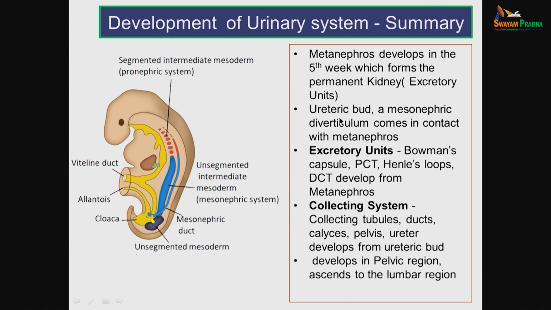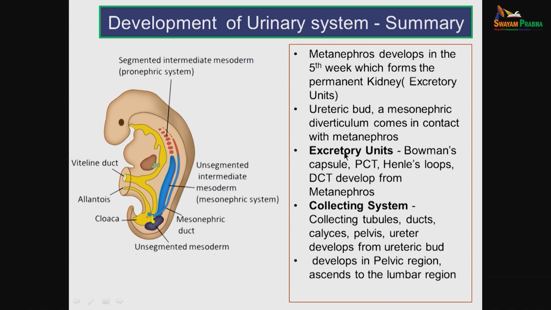Then we talked about the ureteric bud, which is nothing but a mesonephric diverticulum which came in contact with the metanephros, or the metanephric blastema, and induced it to form the nephrons. The ureteric bud gave rise to the collecting system, that is the collecting tubules, the ducts, calyces, the pelvis of the ureter and the ureter.